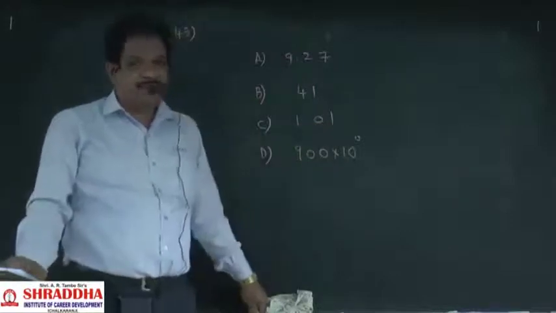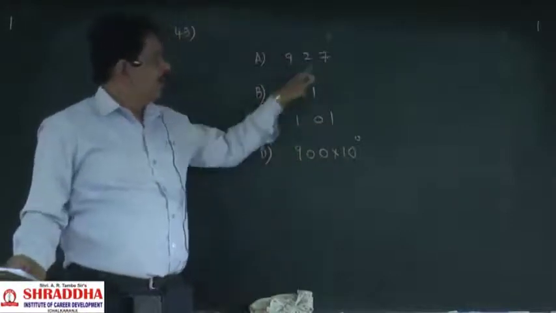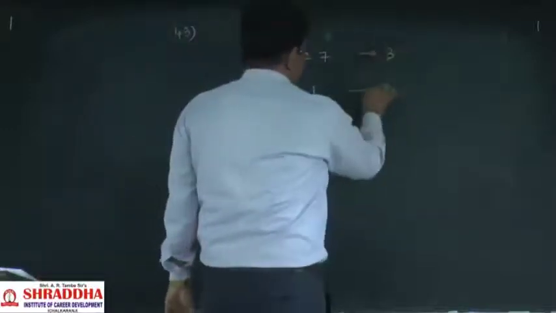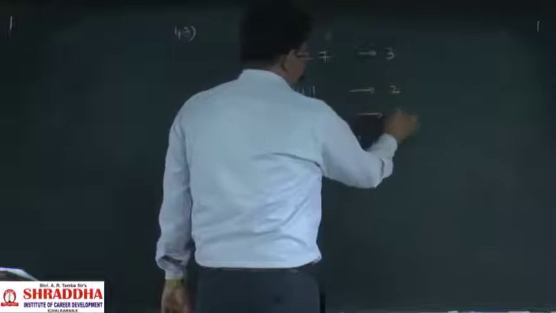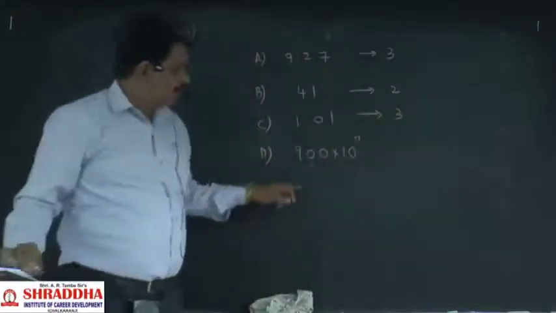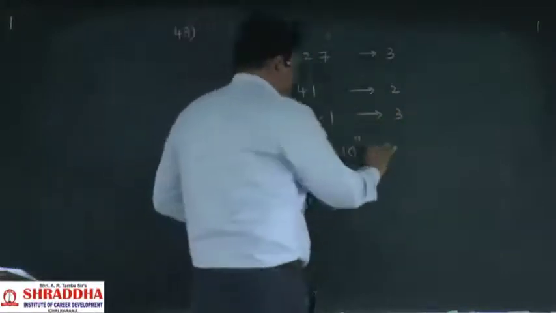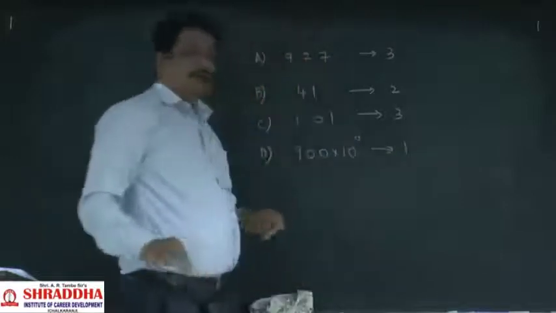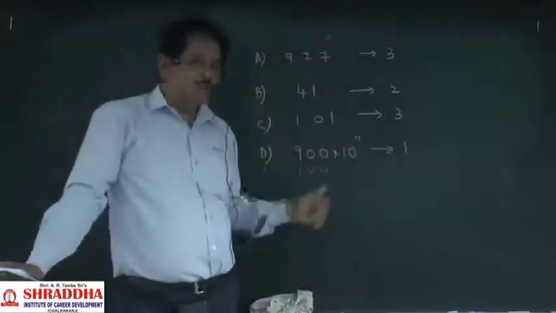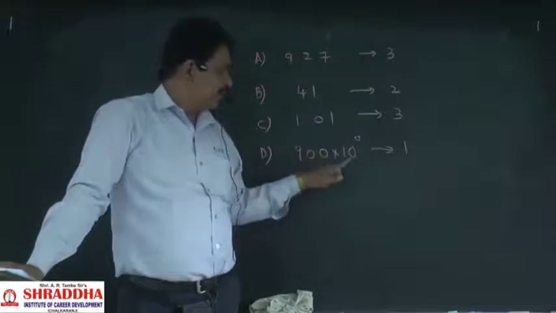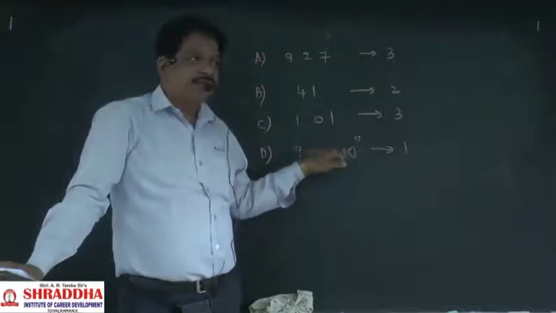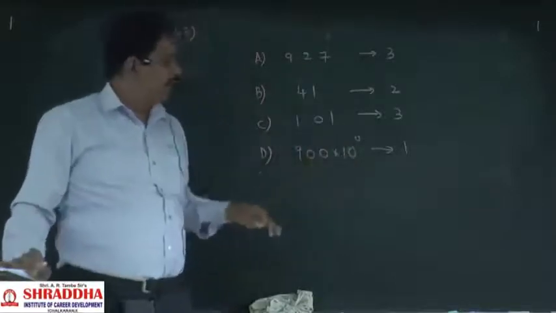So it will have how many significant figures? 3. It will have 2. It will have 3. It will have 1. These two zeros are not significant. Only 9 is significant. This 10 power something is not significant.